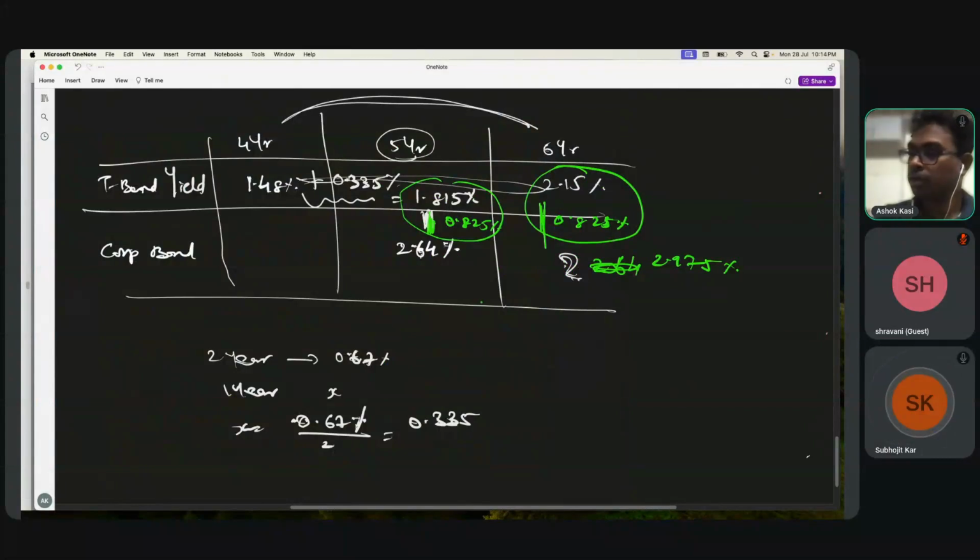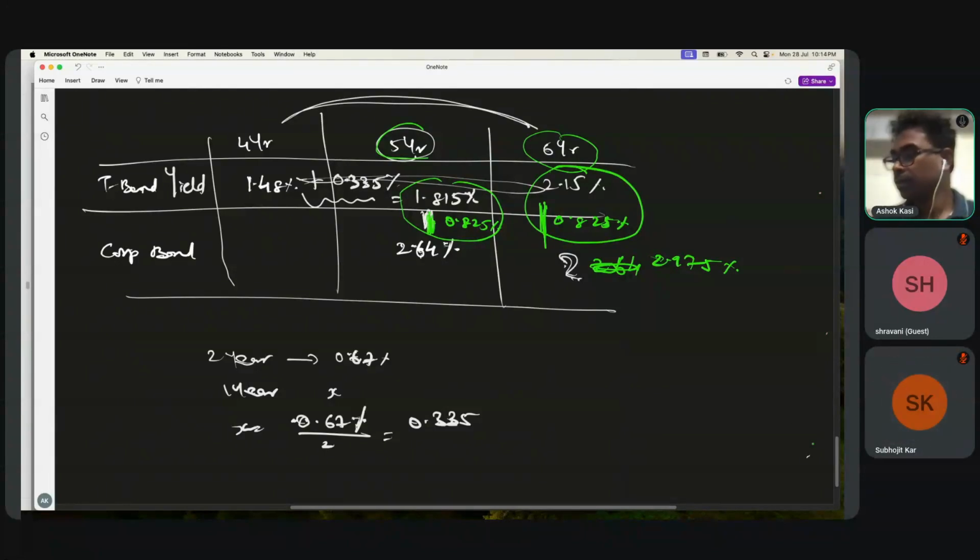Understood this one? A little bit of practice is required here. Proportionately, you have to find some way to connect. In the next year, the spread would be the same. That's what we have been assuming, the same spread for 5 years as well as for 6 years, which kind of doesn't make much sense.